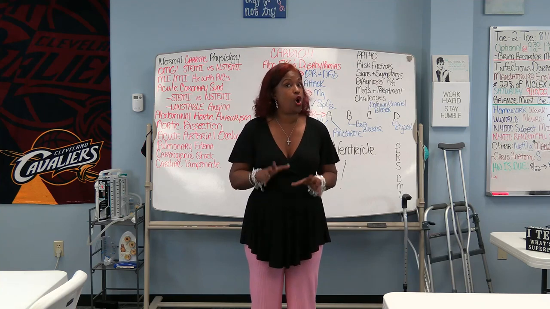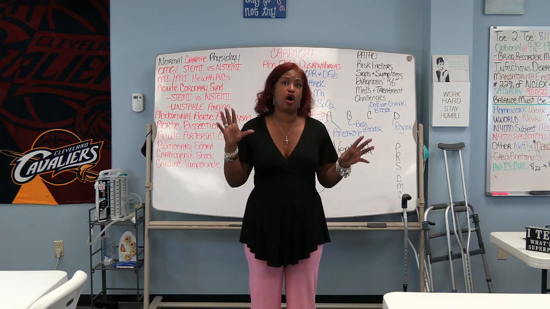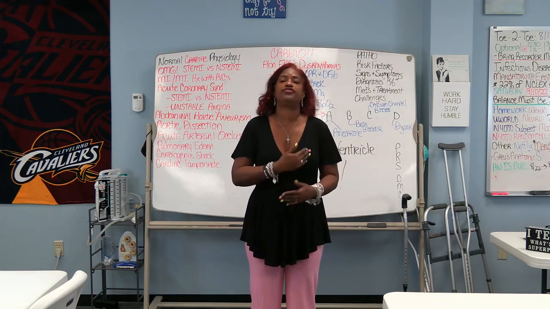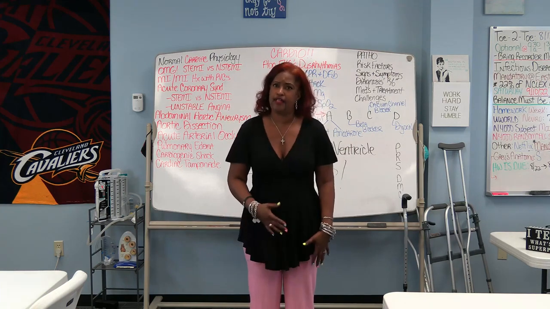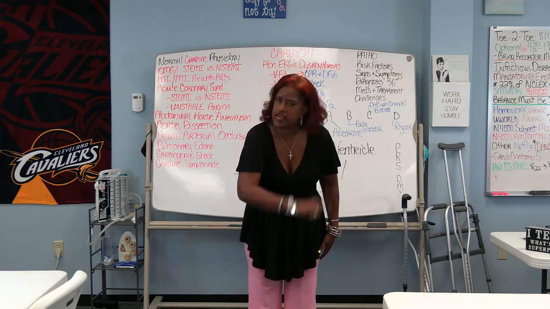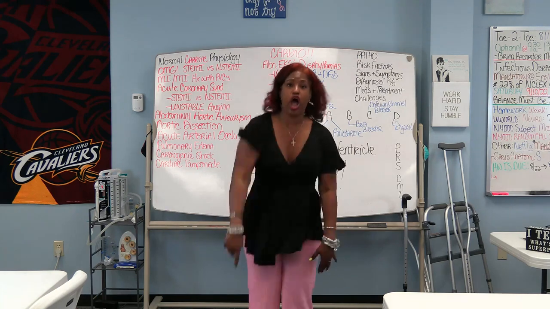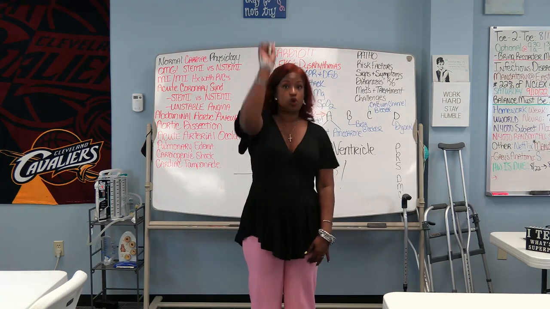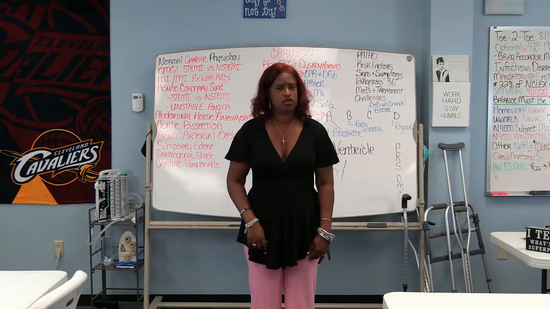Because when that ventricle pumps, and it has to pump all that blood throughout this entire body, that's called on an EKG a QRS. Woohoo! That's big. That's this big old spike, this crazy looking thing. You know what it is.